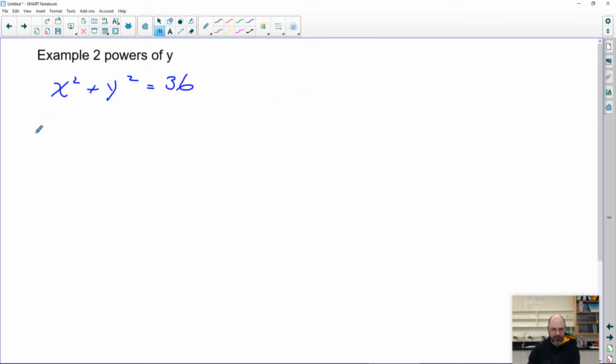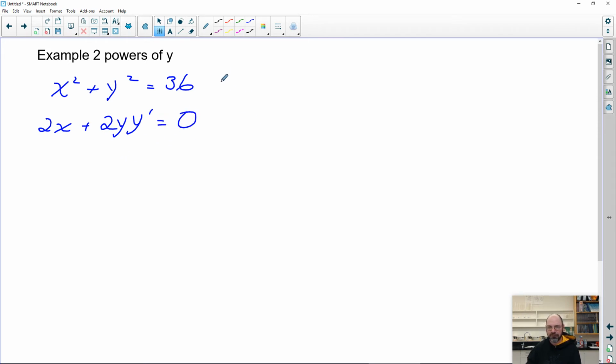So we take the derivative of this, 2x, plus 2y y prime. Because it's got the y, we have to follow the derivative using the derivative rules, the power rule, and then the derivative of 36 is 0.